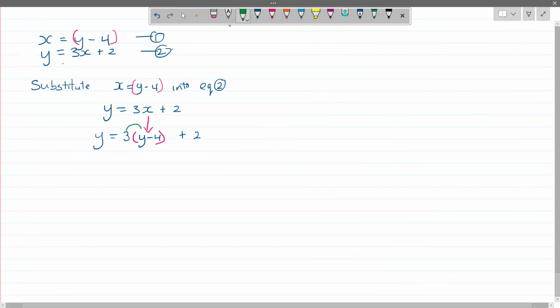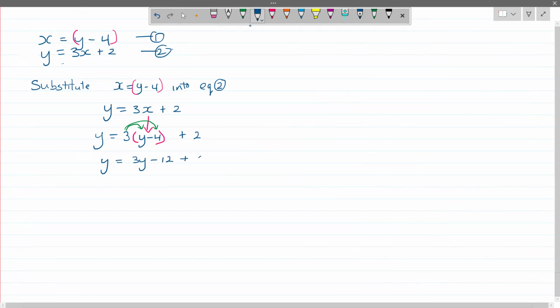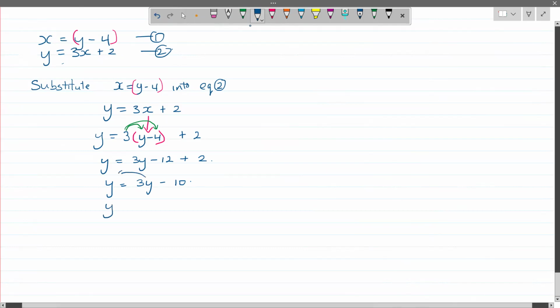So I could then multiply 3 by y, 3 by minus 4. I will have only y's now in this expression. If I move this 3y here, we have minus 2y is equal to minus 10. Y is equal to minus 10 over minus 2. Y is equal to positive 5.